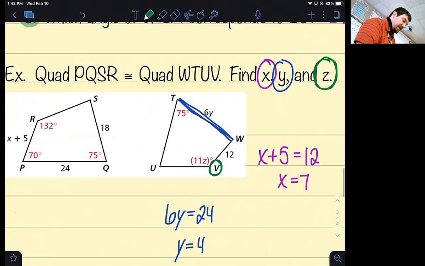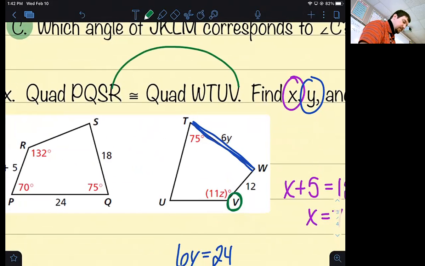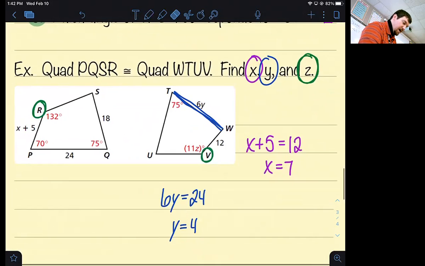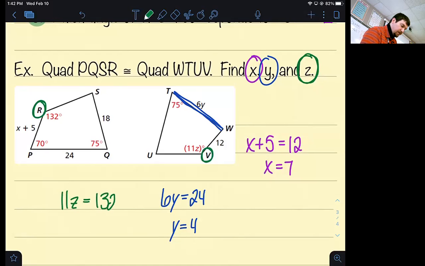And I know angle V corresponds to angle R. So since the corresponding angles are the same, I know that 11Z is going to give me the same measurement as 132 degrees would. Okay, Devin, what's Z going to be? 12. 11 times 12. Oops, 13. 11 times 12 is 132.